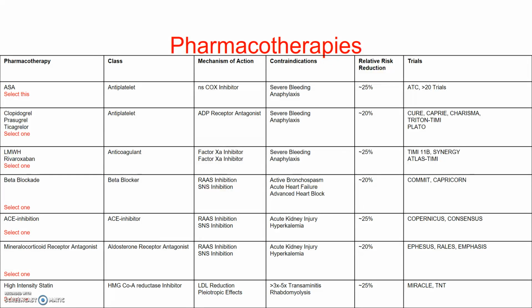This includes aspirin, commonly clopidogrel, low molecular weight heparin, beta blockers, ACE inhibitors, mineralocorticoid receptor antagonists, and high-intensity statins. As you can see, the relative risk reductions are quite substantial, and these are evidence-based trials which show that these medications are crucial in improving mortality and patients' survival.